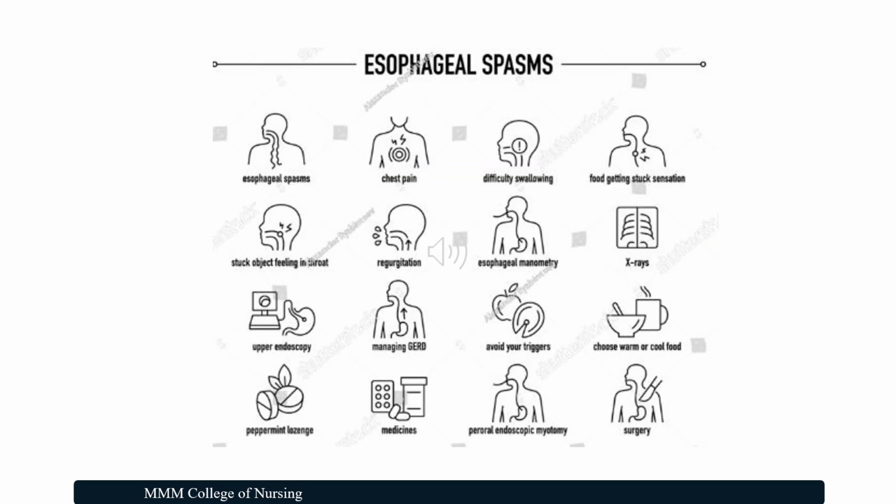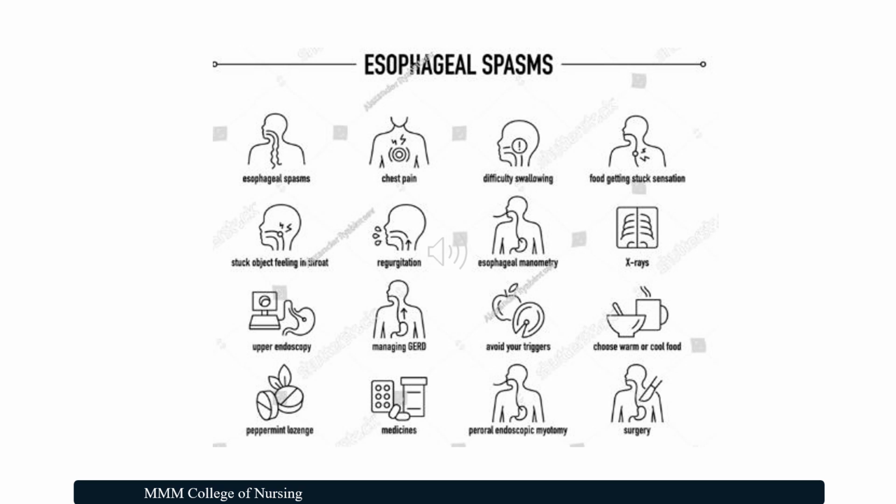Overall, esophageal spasm is a sudden chest pain, like a painful contraction, which occurs with difficulty in swallowing, and a food-getting-stuck sensation can be felt, like some object stuck in the throat. Regurgitation may occur.